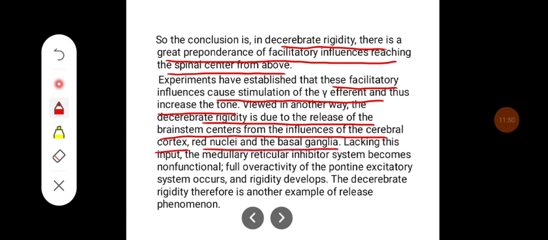Lacking this input, the medullary reticular inhibiting system becomes non-functional, full overactivity of the pontine excitatory system occurs, and rigidity develops. Decerebrate rigidity, therefore, is another example of a release phenomenon.